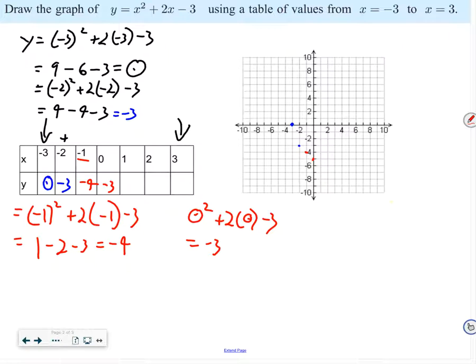Okay. Now let's plug in 1. So I get 1 squared plus 2 times 1 minus 3. So this is 1 plus 2 minus 3. This is equal to 0.